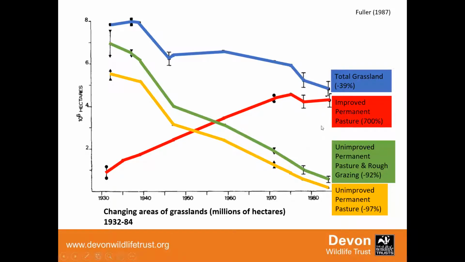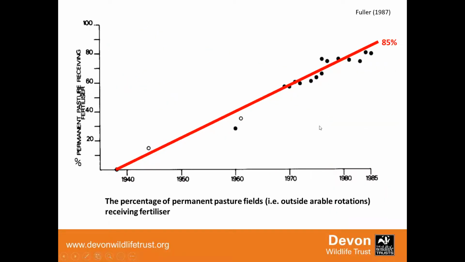And that's interesting partly because another graph from Fuller's work shows the percentage of permanent pasture fields that are outside of arable rotations that are receiving fertilizer. What this means is that any remnant pasture land that would have traditionally been at least moderately species rich is now really changing in its makeup. In about 1930, effectively, there was no application of fertilizer to those lands outside the arable rotation.